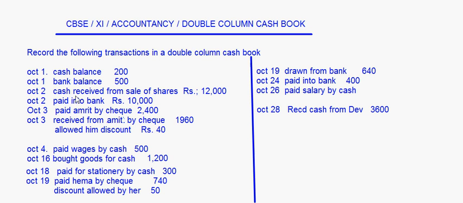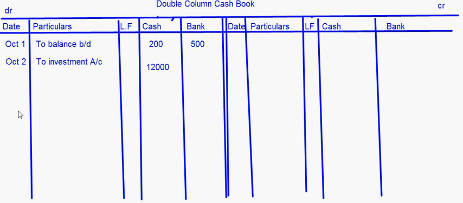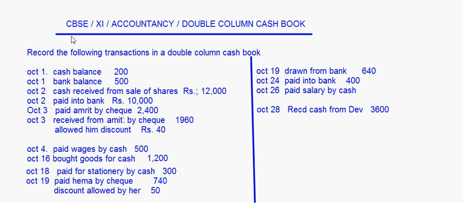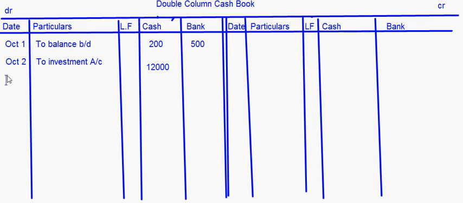Now cash received from sale of shares is done. October 2nd, again paid into bank. Paid into bank means you're paying cash into the bank. The date is October 2nd. When we say paid into bank, the bank is receiving, so bank balance is increasing, right? So here you have to put to cash account and in the bank column you will write 10,000 rupees.